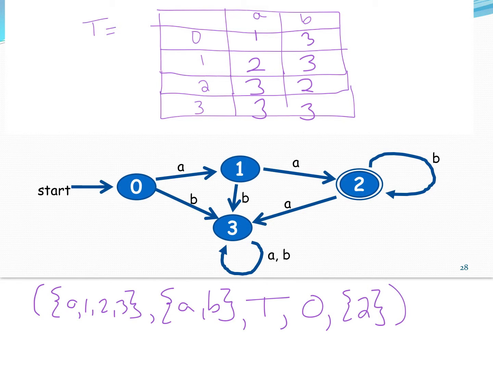So there you go. There's my full formal description of this DFA. The first thing I tell you is the states, the alphabet. T is my transition function. There it is specified there. 0 is my start state, and my final states, my accept states, are just one state, the state 2.